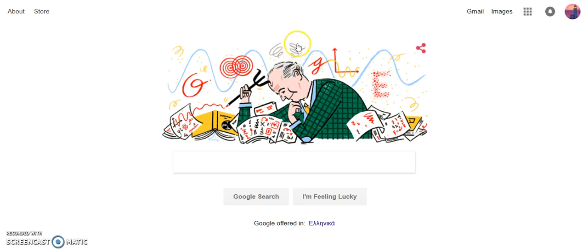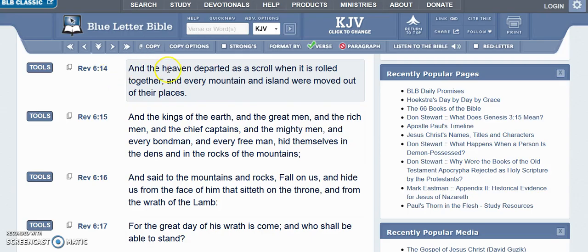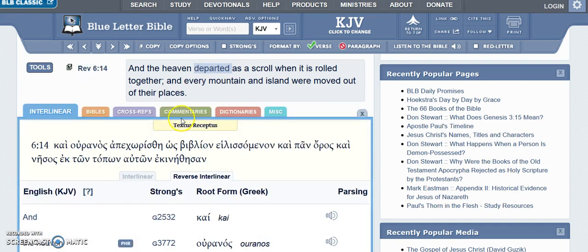And over here, this looks like the sky splitting, as in Revelation 6:14. Okay, it says, "And heaven departed as a scroll when it is rolled together, and every mountain and island were moved out of their places." And if you look at this in the Greek, where it says departed, heaven departed as a scroll, you see that this word actually means parted.